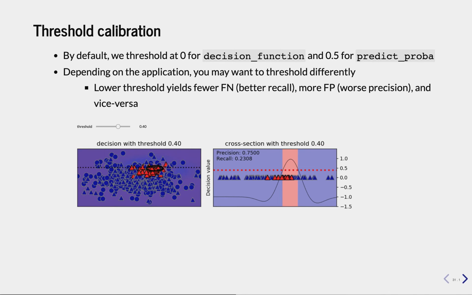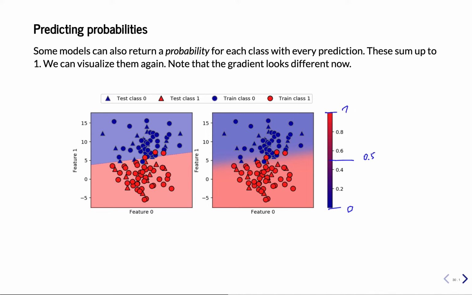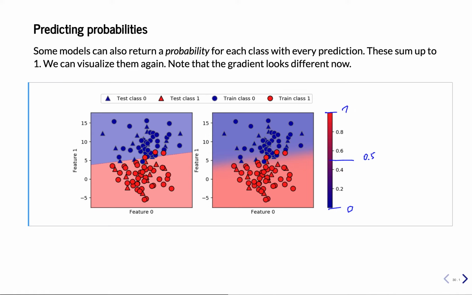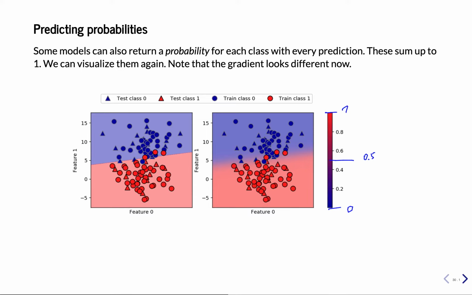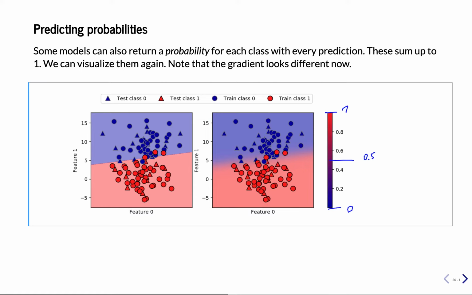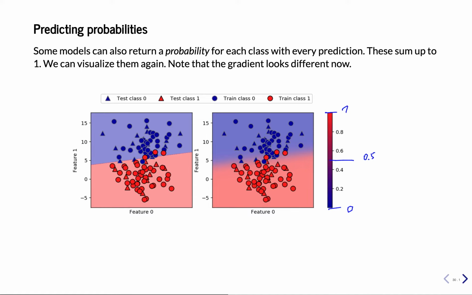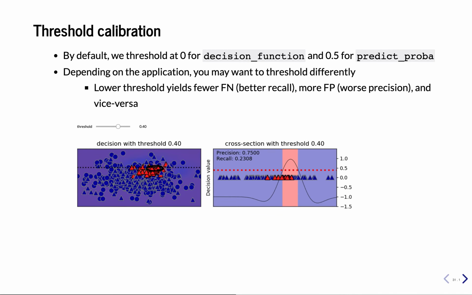Now, where we set this threshold, like here we set it at 0.5, is an assumption. There's actually no reason to always choose 0.5, and we can tune this threshold depending on the application. For instance here, we have two classes, the blue ones, the negatives, and the red ones, the positives.